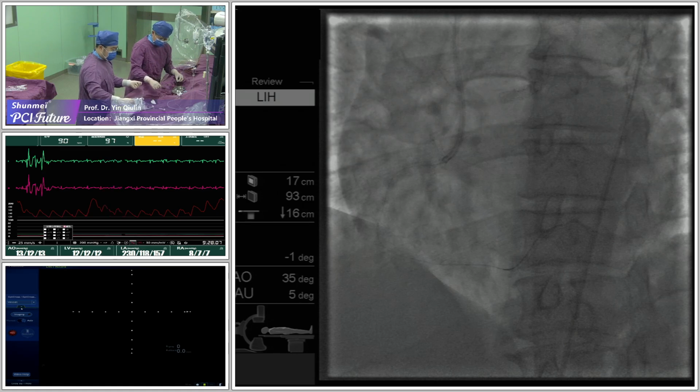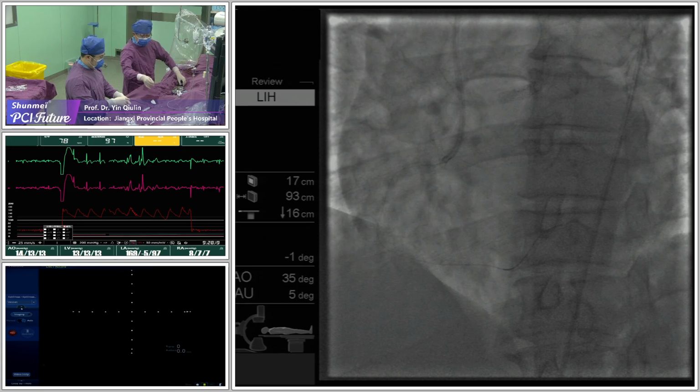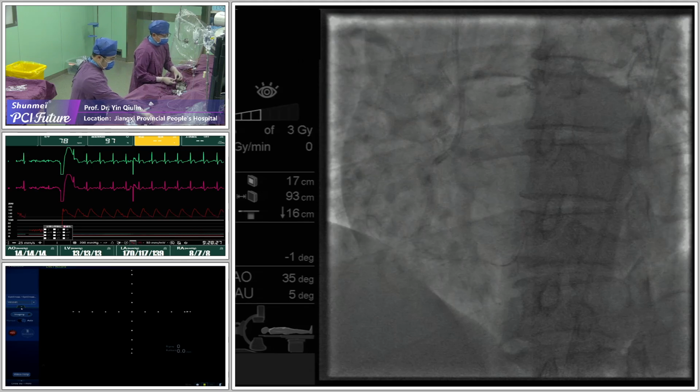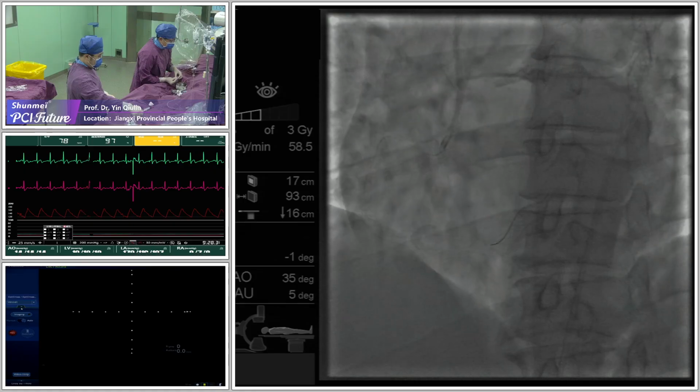the coaxiality of the guiding catheter is a problem. Yeah. And also there is a big side branch take off from the stent, so controlling the wire is of some difficulty, like what we see.